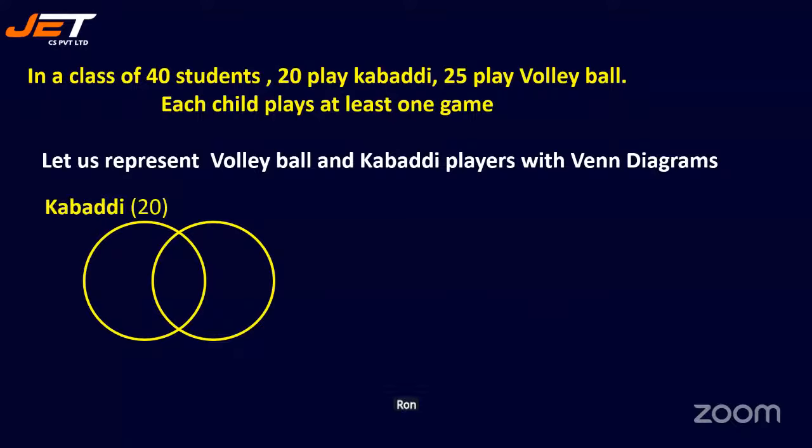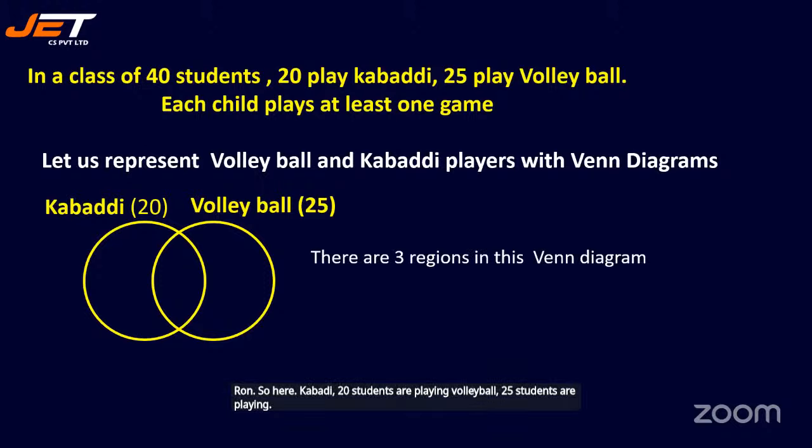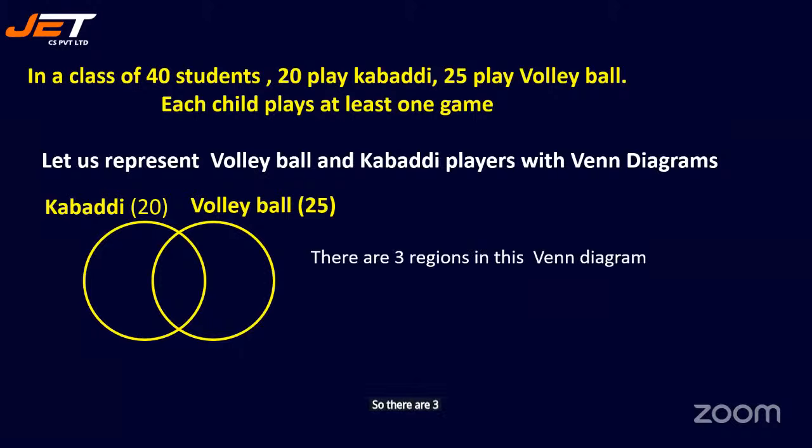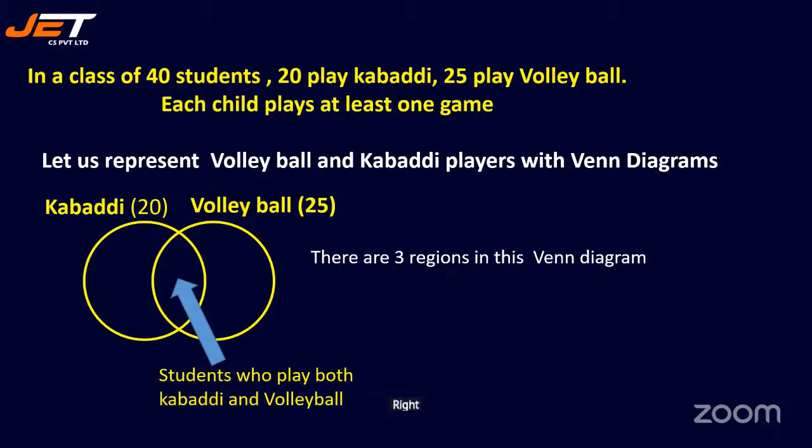Here, kabaddi, 20 students are playing, volleyball, 25 students are playing. There are three regions in this Venn diagram. The middle one, what does it represent? Since both are intersecting, there's a common point, where the students play both kabaddi and volleyball.